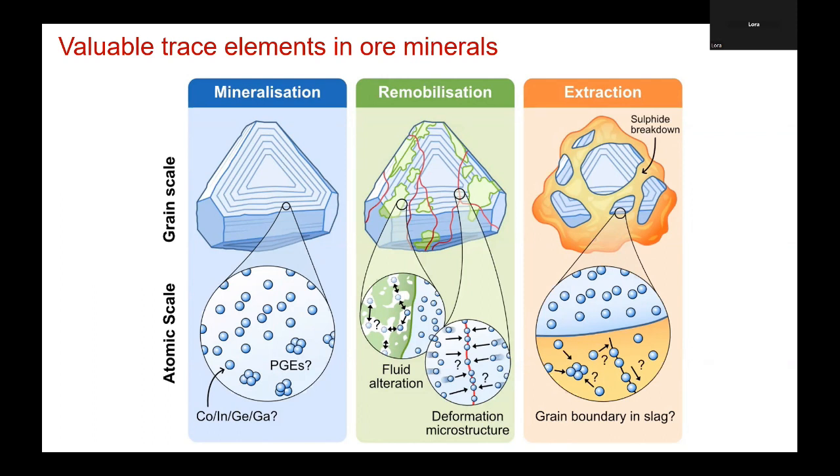Are they in grain boundaries of slag? Really, where are they? And that information could then be leveraged to design a secondary extractive process where we can get these out.